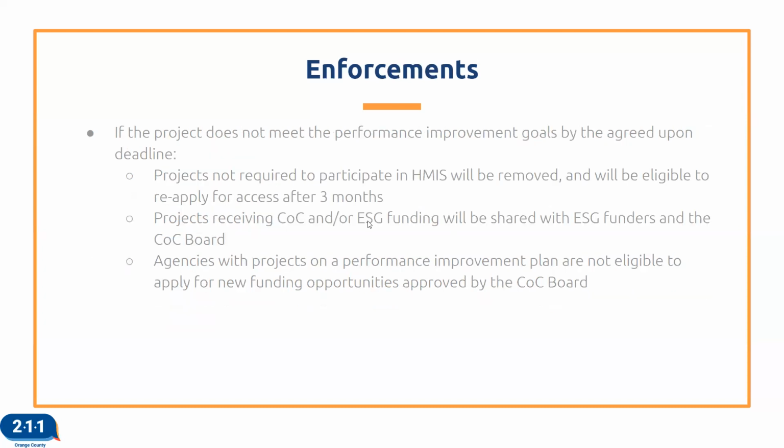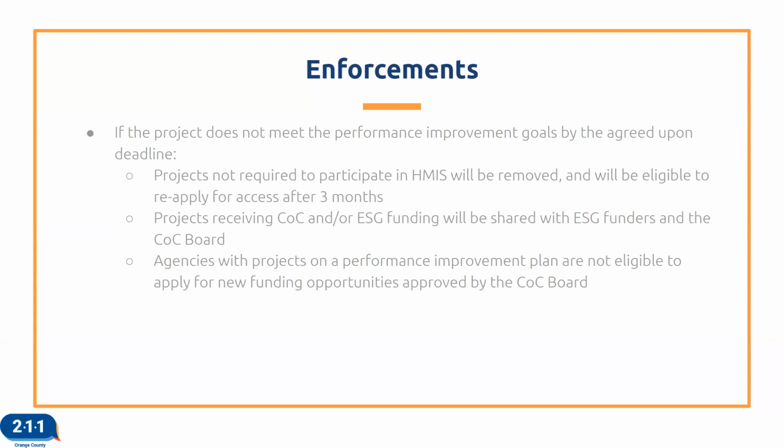Okay, and then to continue with the enforcements, like I mentioned, if the data quality is below 80% for 4 quarters, you'll be put on a performance improvement plan. And if the goals of the performance improvement plan aren't met, there's a couple things that could happen.